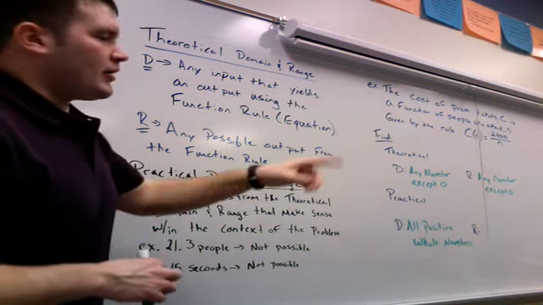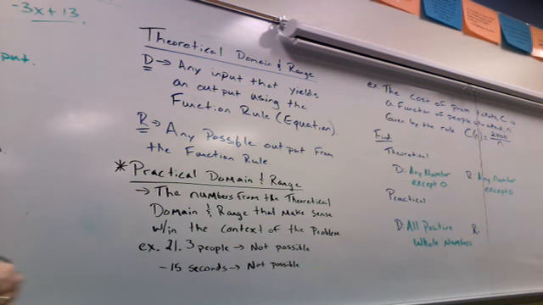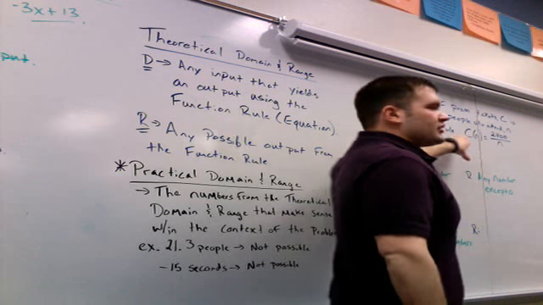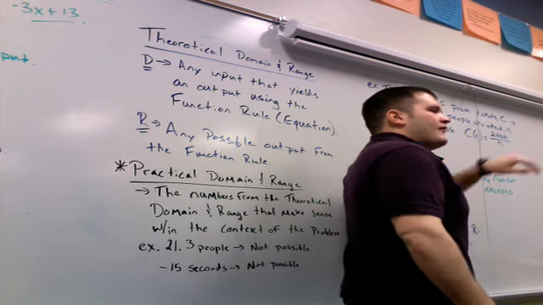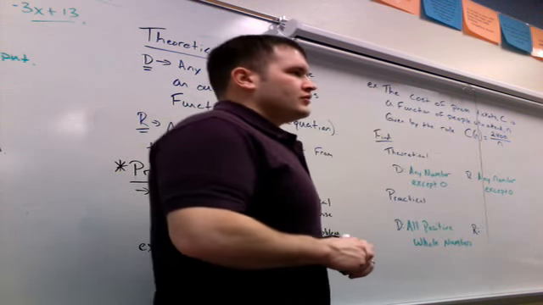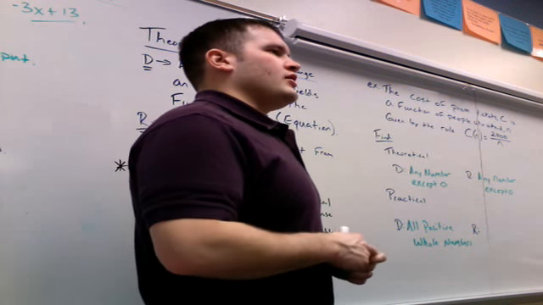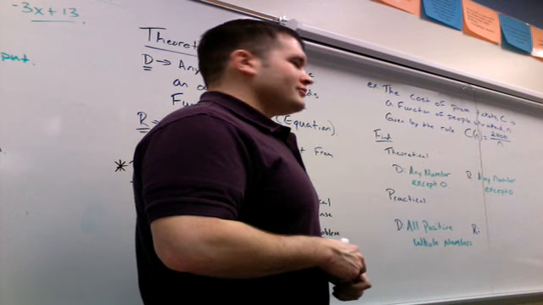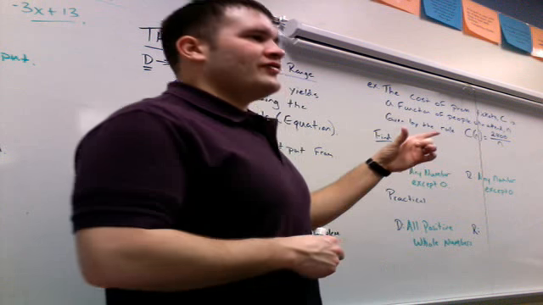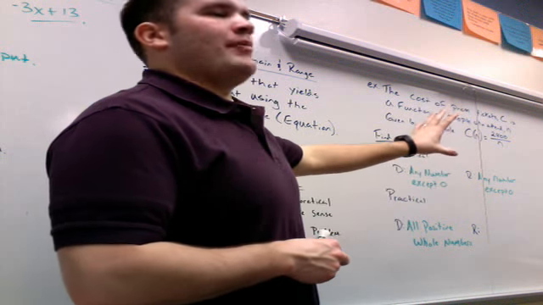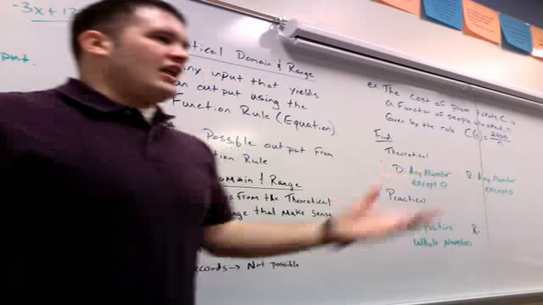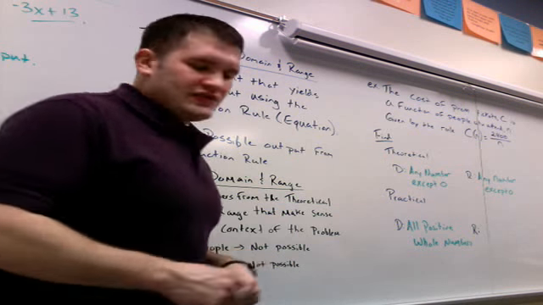Okay. What about our practical range? The range is the cost, right? What can I have for cost values? Can we have negative cost? Yeah. That means you're paying me to go, right? That'd be cool. Okay. Can we have zero cost in this problem? No, zero is not a possible output, right? So we can't have zero cost.